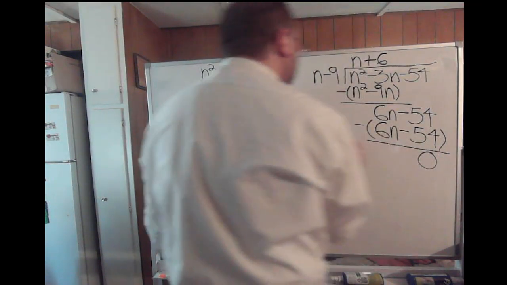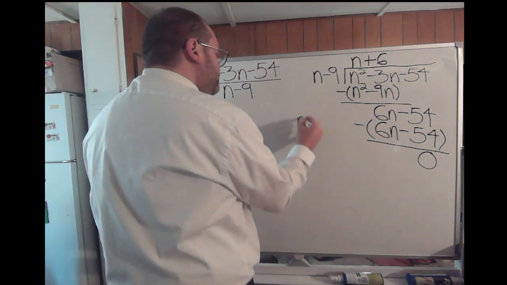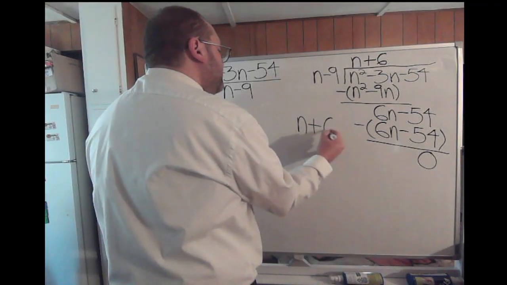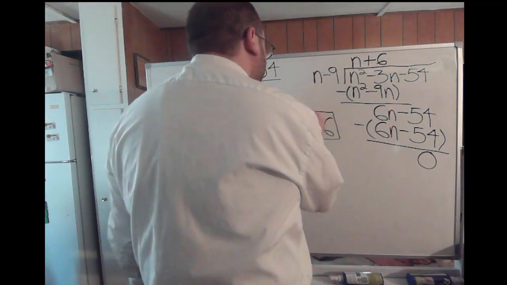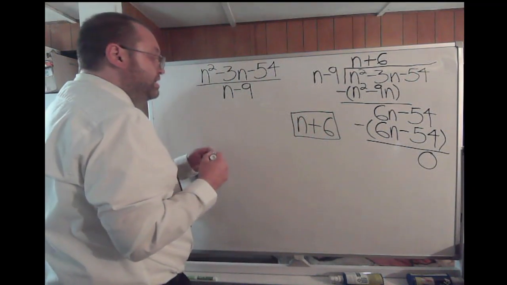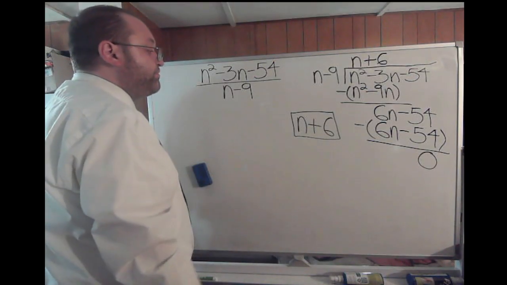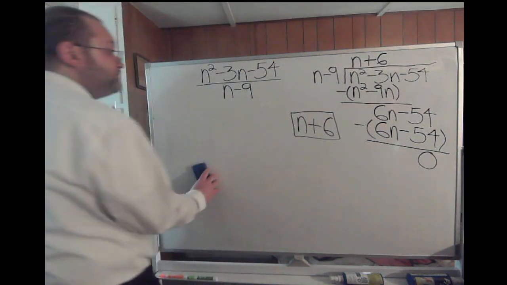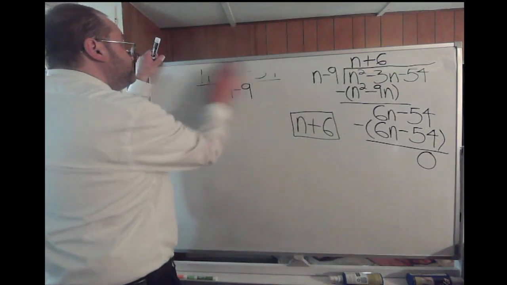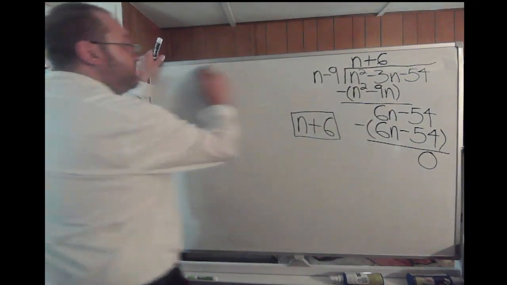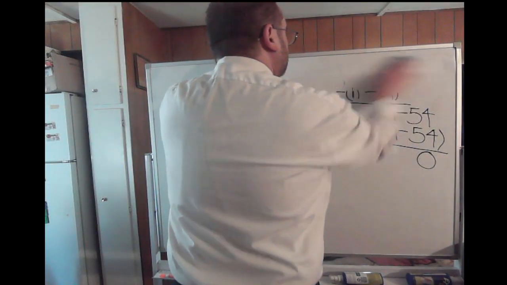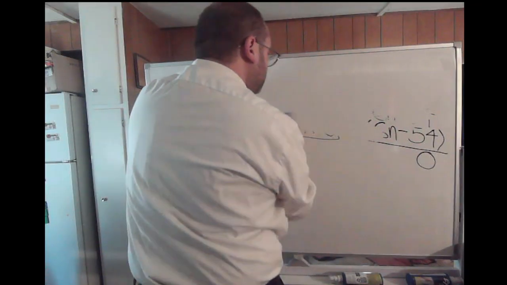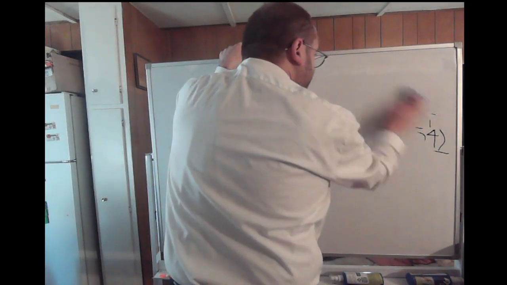You have a remainder of 0. The answer you should get from the quotient would be n plus 6. So, yes, the answer you get is n plus 6. See, this polynomial long division really isn't that bad.